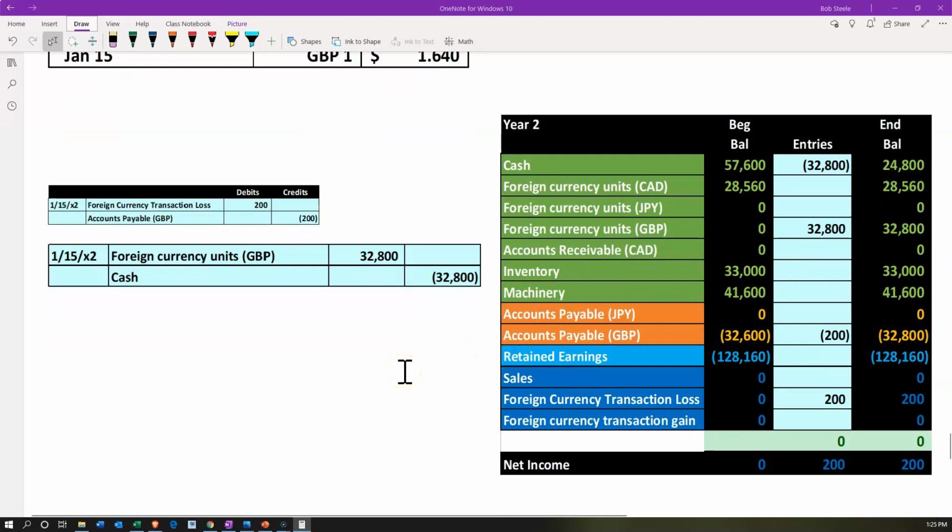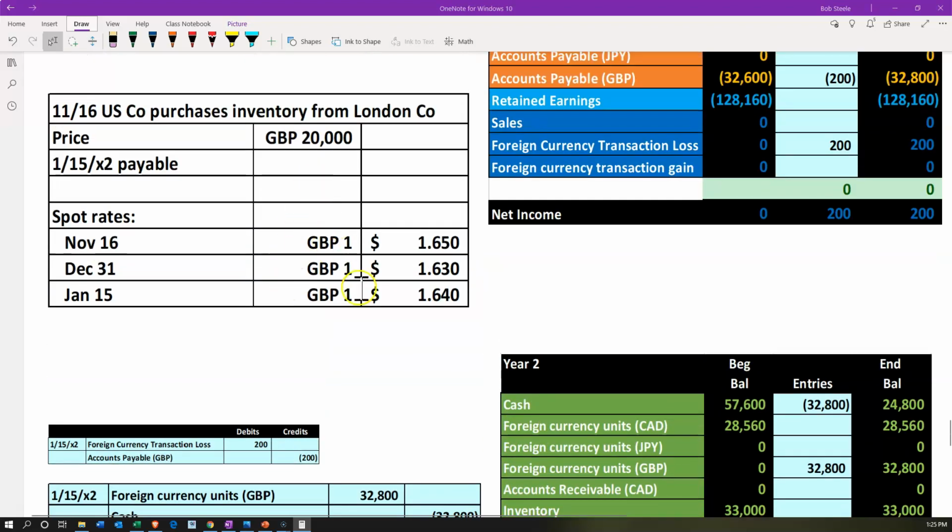But before we do, we're going to have to get us some pounds because we have dollars. We have to get pounds. So we're going to go ahead and say, okay, we're going to credit cash for the 32.8, and we're going to buy us some pounds. We're going to then get pounds, which means the foreign currency units. So obviously, once again, that's the same calculation, the 20,000 times the 1.64 current spot rate.